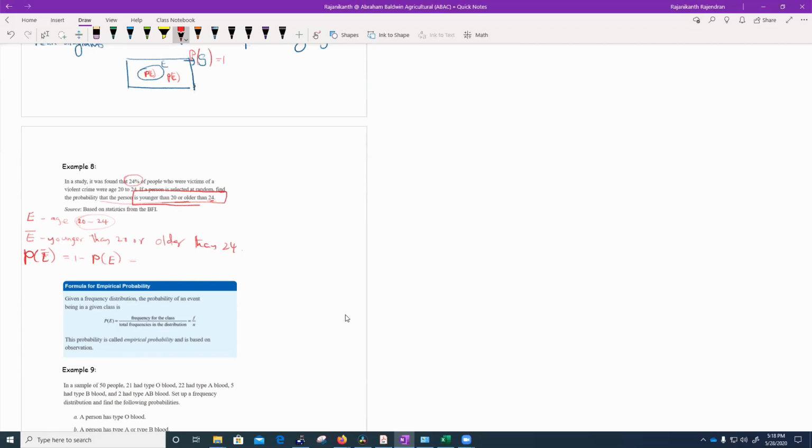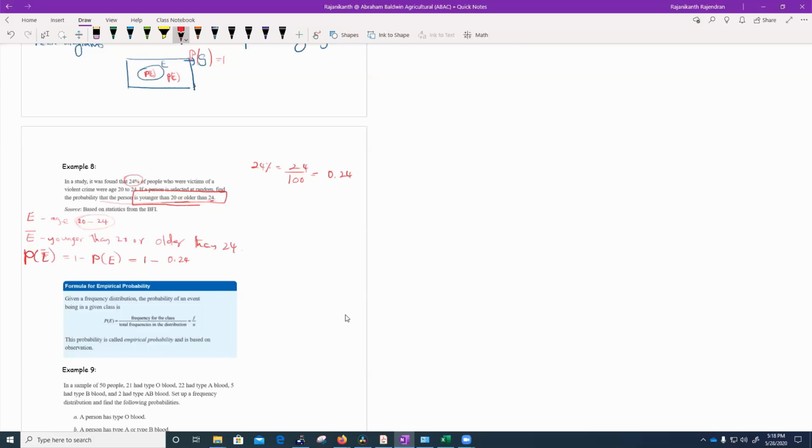It is given in the problem. Of course, there are 24 people out of 100, if you say. That means the chance of getting this event is 24 percentage, right? That is nothing but 0.24. Okay, so 24 percentage means 24 out of 100. So if you simplify this is nothing but 0.24.